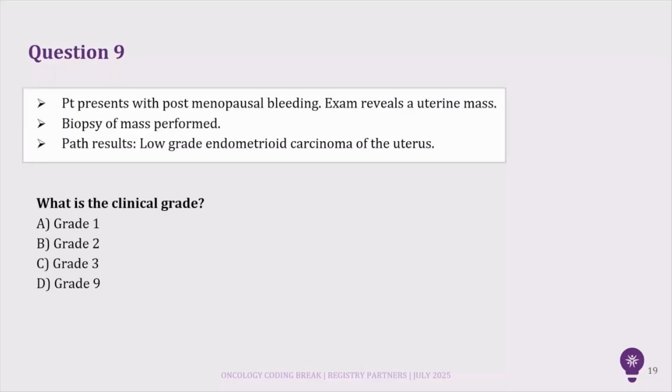So for this one, you're going to want to go to the corpus uteri instructions. See if I can help some people out here. Okay, just a few more seconds because I have a lot more questions to go through.